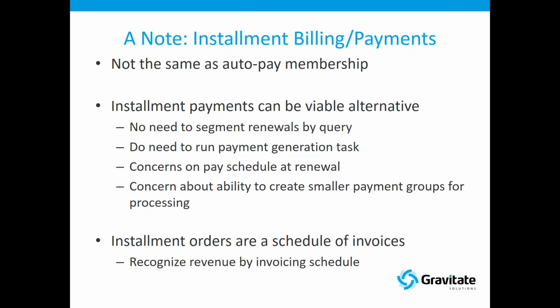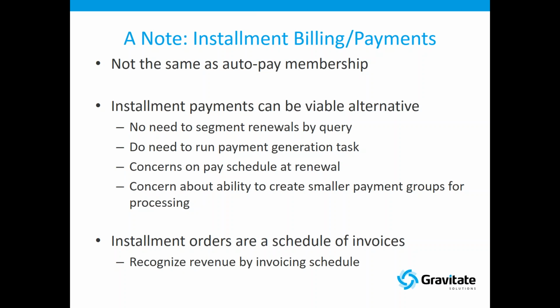So that's how you would find the payment schedule to actually go ahead and say, hey, task, go charge it. The other part that I would say is membership renewal, especially if your calendar, could be a really big group. And sometimes it's handy, especially when you're talking about payments in a batch, to be able to create smaller groupings and to slice them out by different payment method and that sort of thing. And so that's another thing you lose in installment payments.